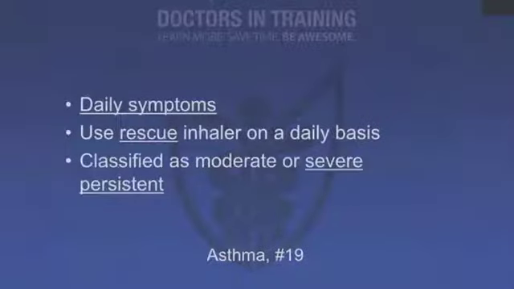That way they can hopefully stop using that short-acting inhaler, their rescue inhaler, as frequently. So when you look at the table, the daily symptoms of asthma, that corresponds with being a moderate or severe persistent asthmatic. So those are the patients that will need to be on a long-acting beta-2 agonist.